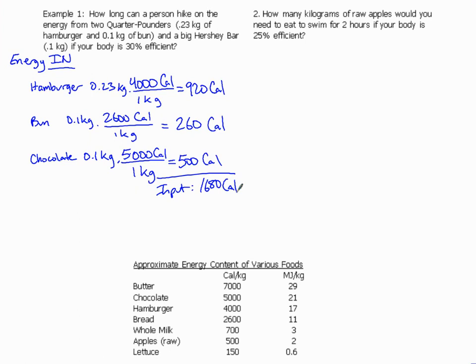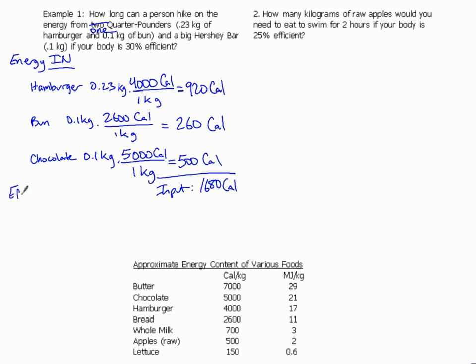Something else to keep in mind, up here I said 2 quarter pounders. We really only calculated it for 1 quarter pounder. This is the input from 1 quarter pounder and a big Hershey bar. Now, if you had 2 quarter pounders, you're talking about a lot more.